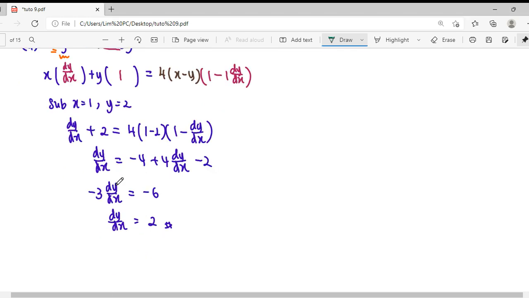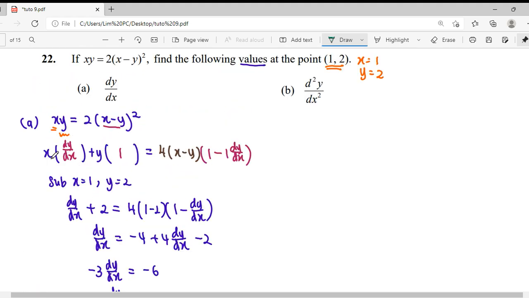Okay, now we go for question B, second derivative. Before I differentiate for the second derivative, we want to find the first. This is our first derivative result. So we are going to take this result and differentiate it again.